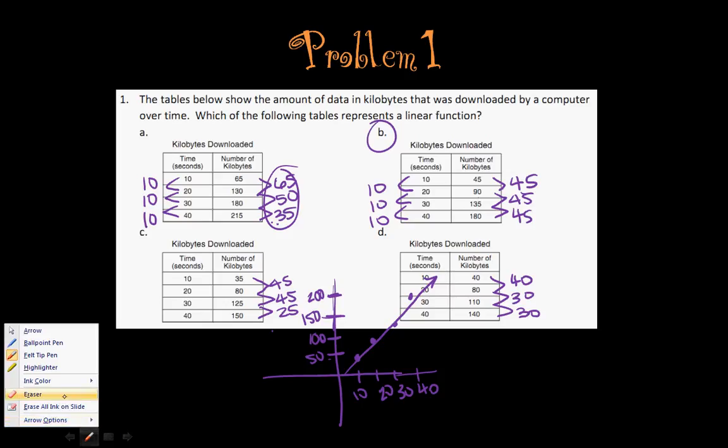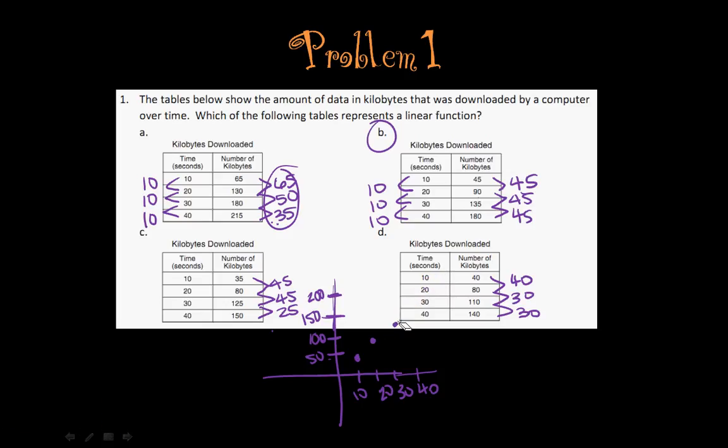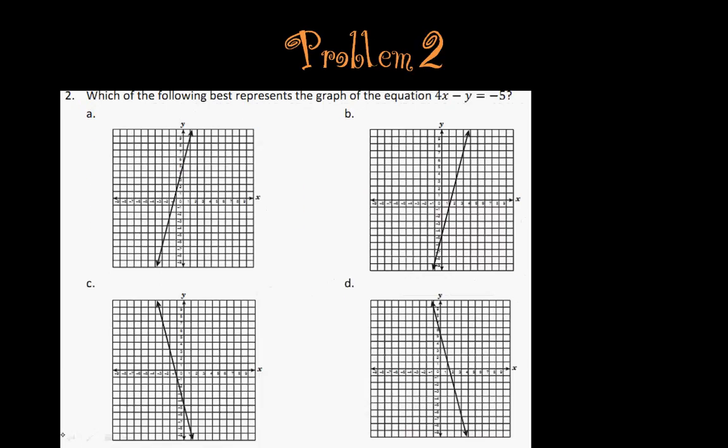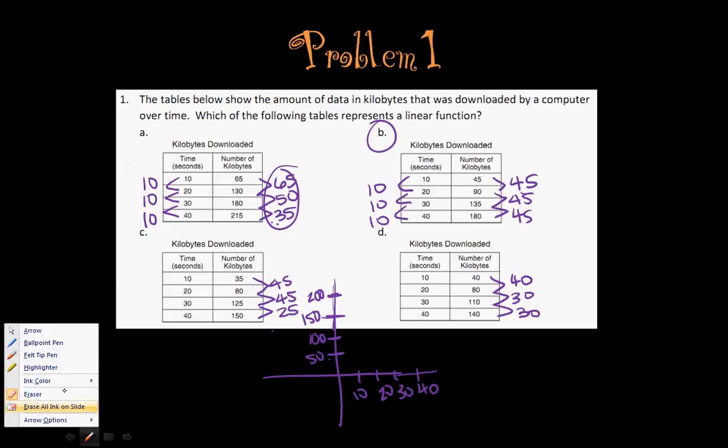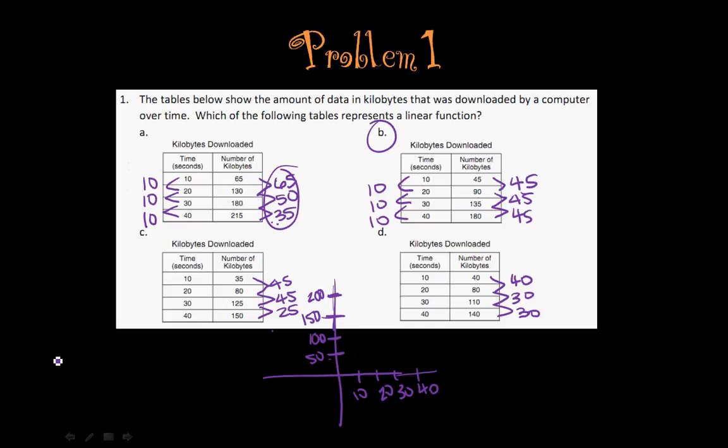If you were to look at some of these other ones, I'll show you how they're not a line. Let's look at letter D. 10 to 40 is about there. 20 goes up to 80, which is about there. 30 goes up to 110, which I probably put a little bit too high.